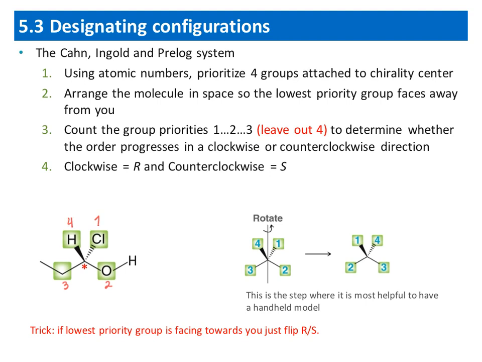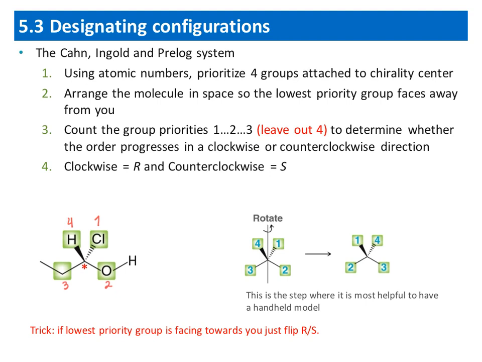Now, after doing that, you need to arrange the molecule in space so the lowest priority group faces away from you. Here, the lowest priority is hydrogen. It is in wedge, meaning that it is pointing toward us. So what we need to do is rotate the whole molecule, basically swapping 2, 3 and 1, 4. Now the lowest priority is pointing away from us.